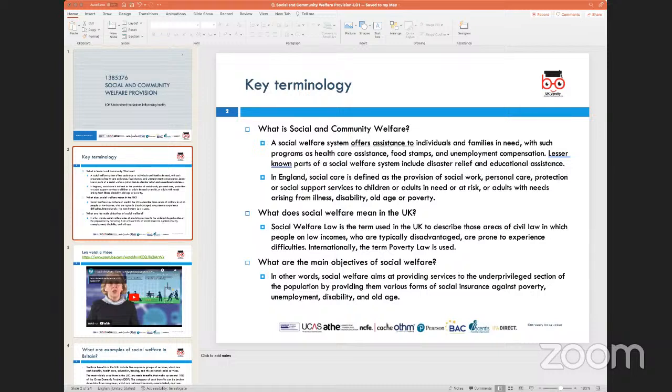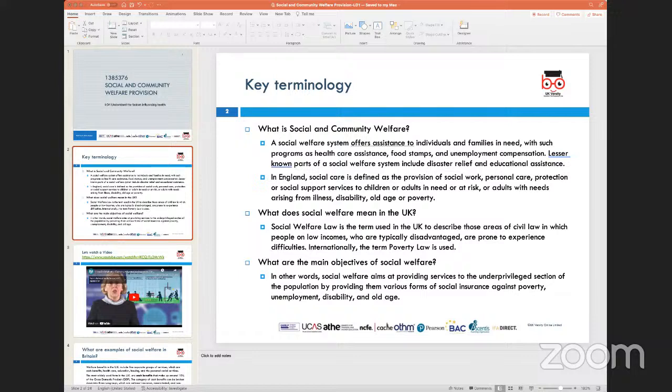Now, when these services are given or administered to the members of the public, there are various routes through which they are provided. These services can be provided through various setups, and they can also be provided through members of the public or within the community.